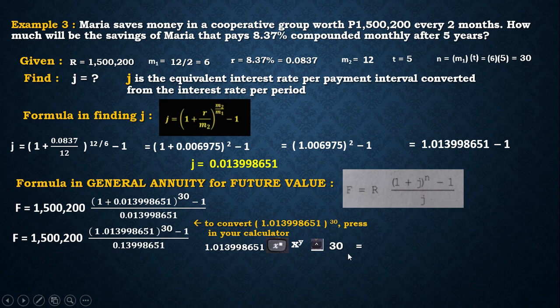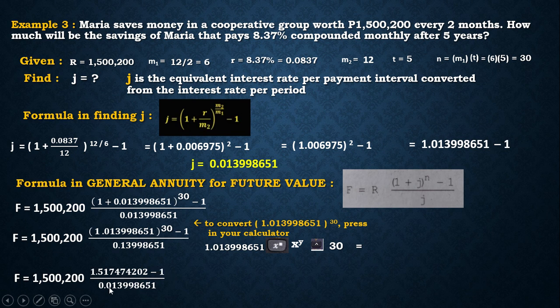And then the equal sign. Again, for us to convert this, ito po yung mga pipindutin natin. At nangyaring ito po. Kinonvert po natin ito, naging ganito po siya, 1.517474202.